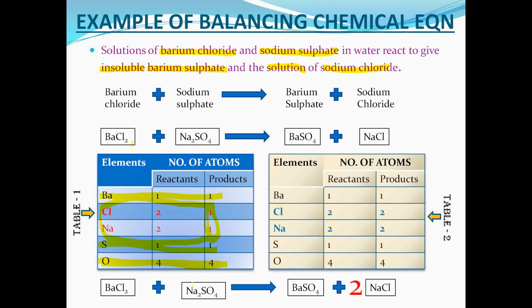Now here we can clearly see that we have balanced what was unbalanced earlier. Both chlorine and sodium are 2 in the reactant and product. So we have just now balanced this equation.